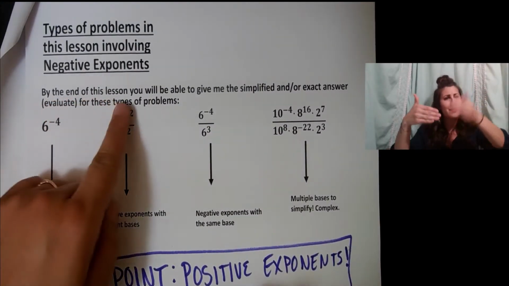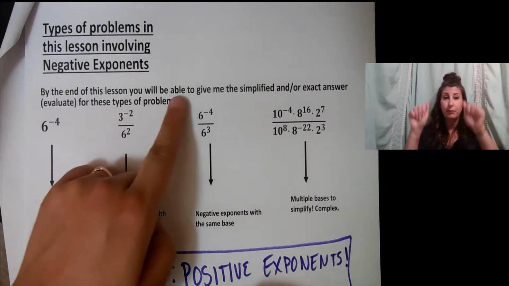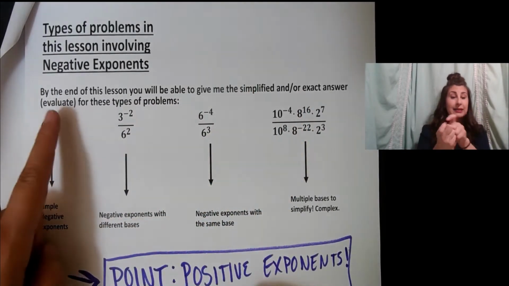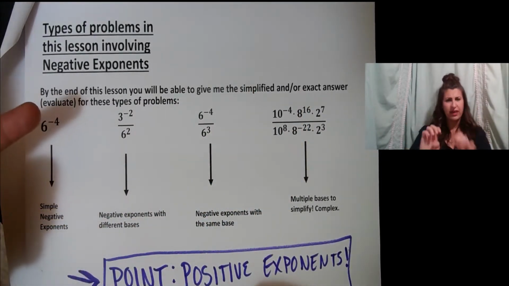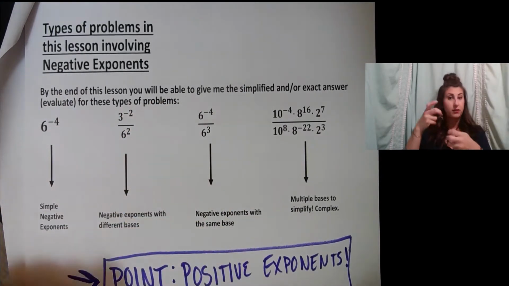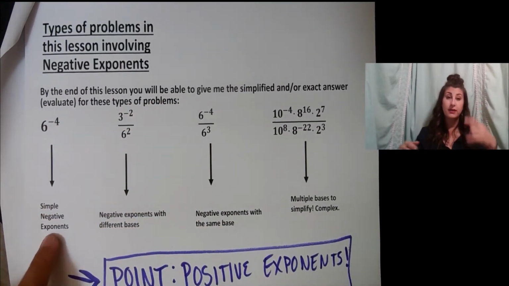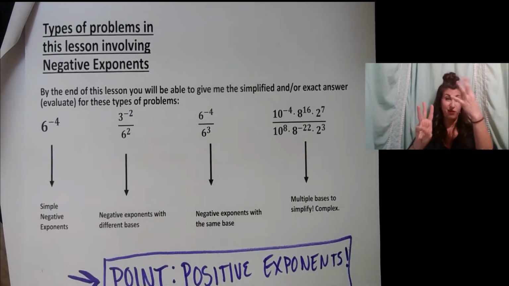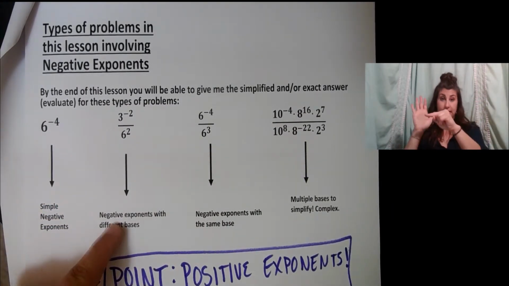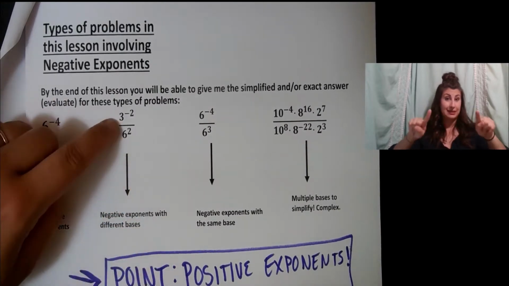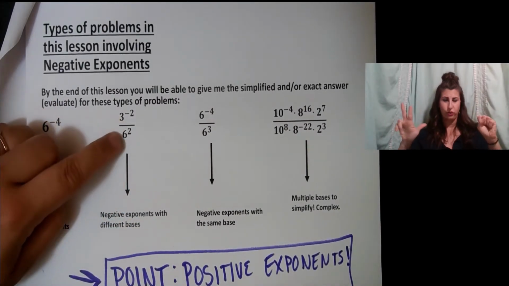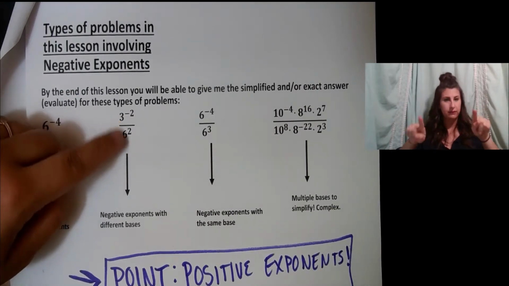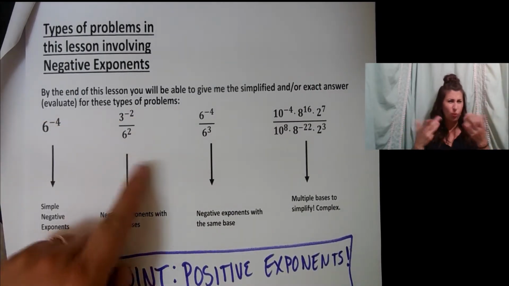By the end of this lesson, you will be able to give me the simplified and or exact answer, which is evaluating, for these type of problems. If I have simple negative exponents such as this one, 6 to the negative fourth. If I have negative exponents with different bases, this base is 3, this base is 6, and they're different bases, so what do I do about that?